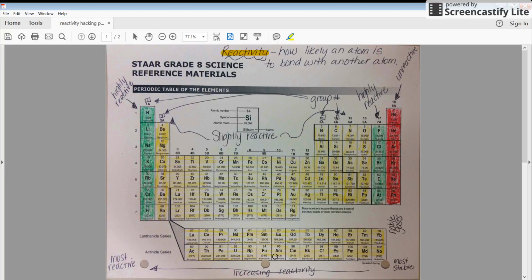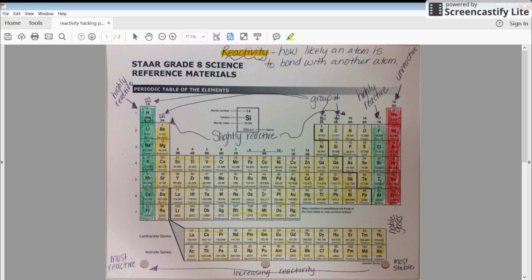And so yesterday, or even Friday during the brain dump, you labeled down at the bottom that increasing reactivity on the periodic table went from right to left. So the most reactive elements were on the left and the least reactive on the right, which is true. There's just one exception.